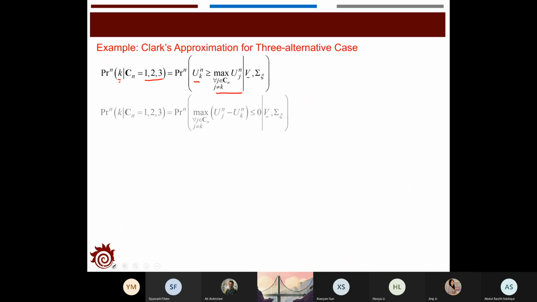So in this case, with a slight modification, that will be the maximum of uj minus uk smaller than 0.